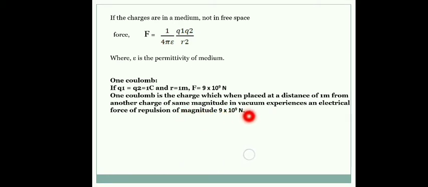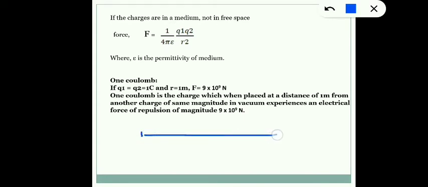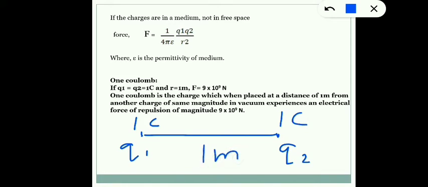See, if we consider one point charge here, and another point charge here, let this charge be Q1 and this charge be Q2. Q1 is 1 coulomb, Q2 is also equal to 1 coulomb, and the distance between Q1 and Q2 is 1 meter. So what is 1 coulomb charge?